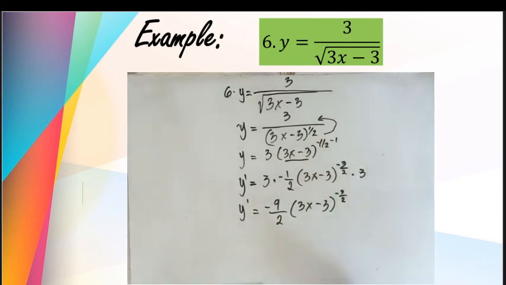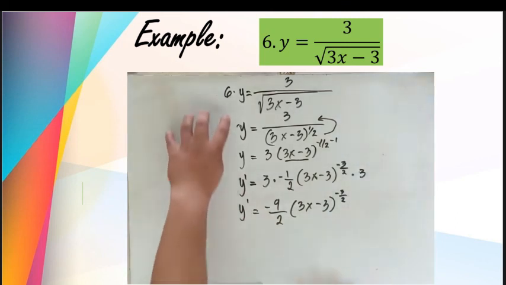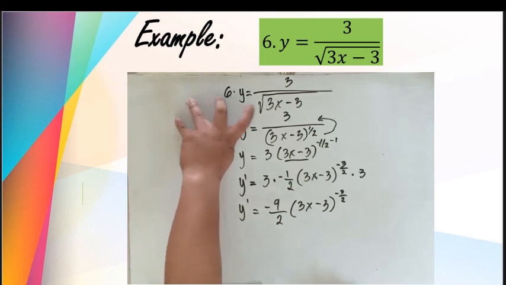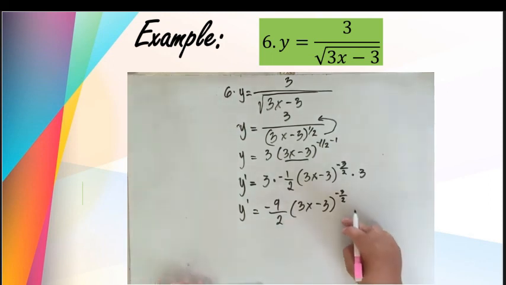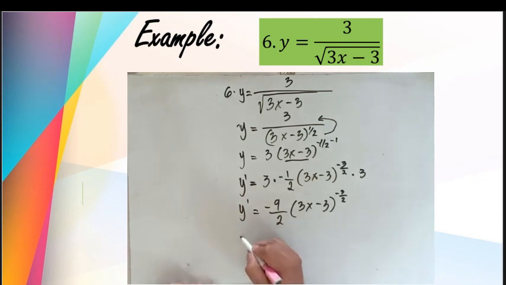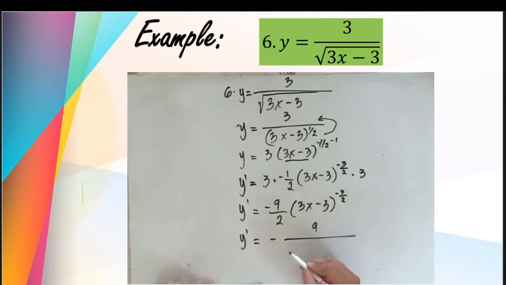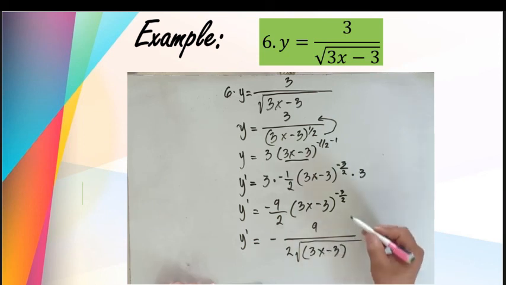Since the original given function is in radical form, let's rewrite this one into its radical form. So we have y prime is equal to negative 9 over 2, then the square root of, in parentheses, 3x minus 3, raised to the third power.